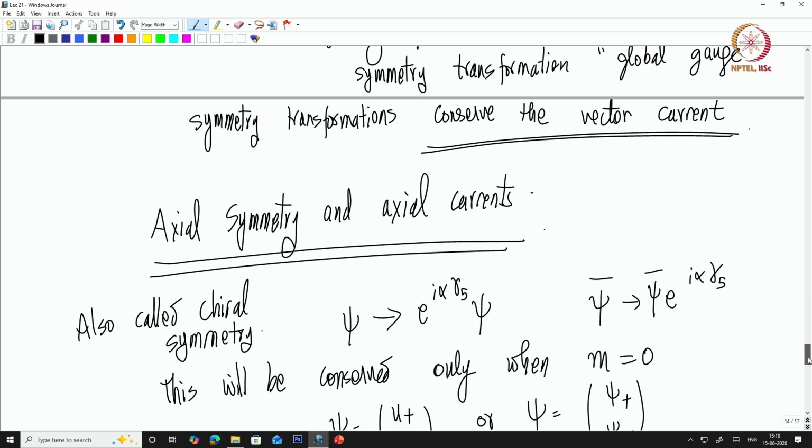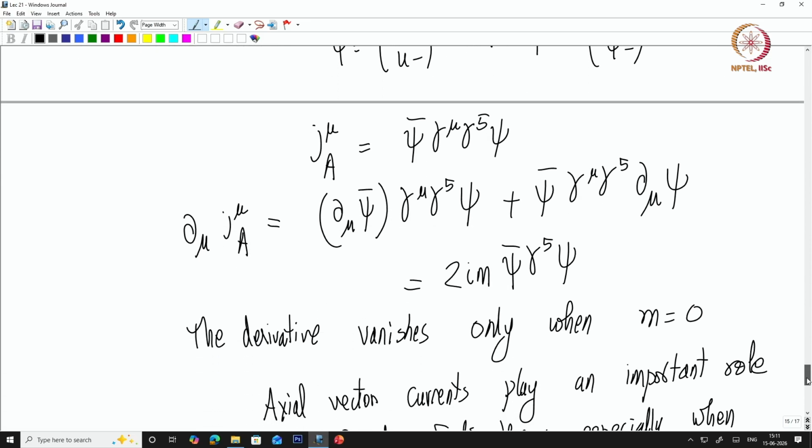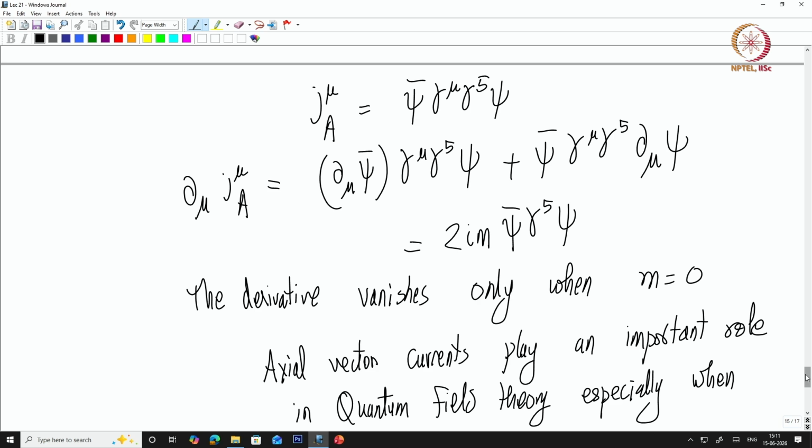The second class we have seen is axial symmetry and axial currents, also called chiral symmetry, because in this case the generator of the chiral transformations is gamma 5. So you put in e power i alpha gamma 5, and then you see that in the massless limit this axial vector current is conserved.